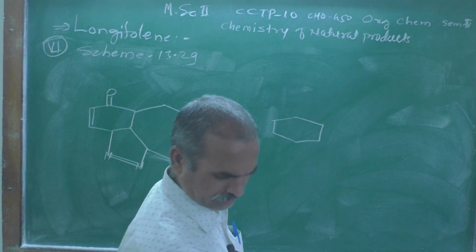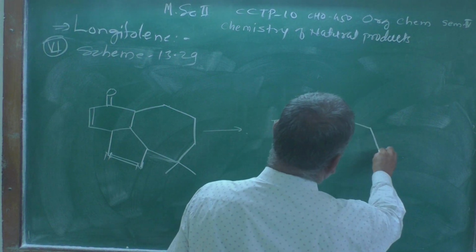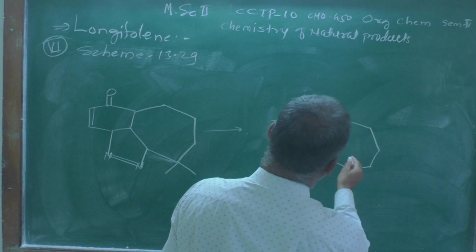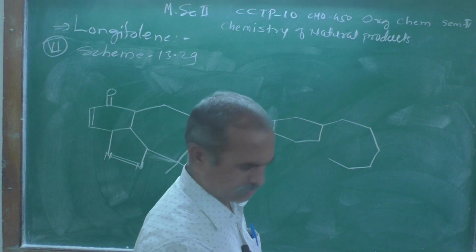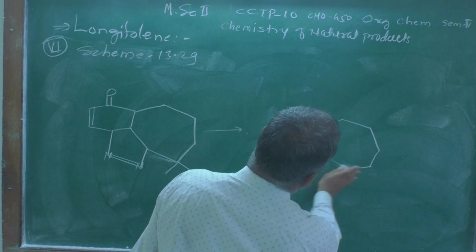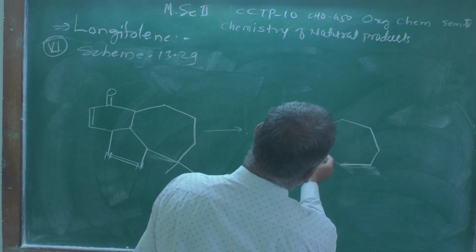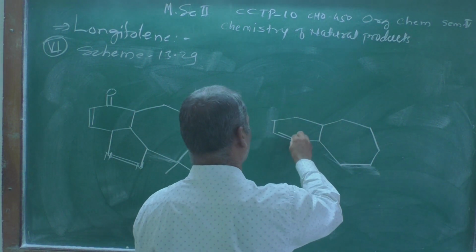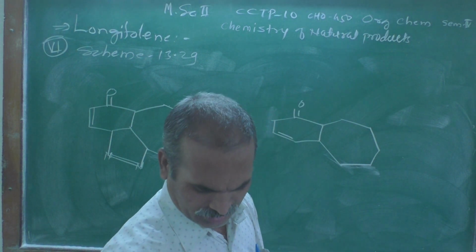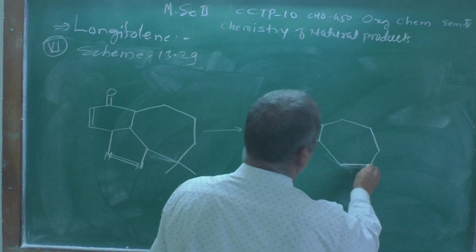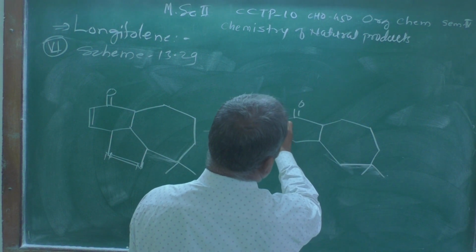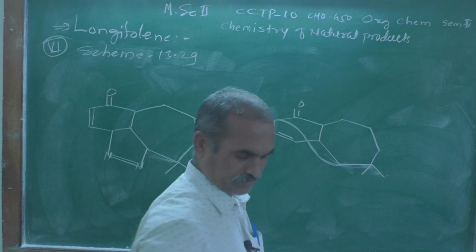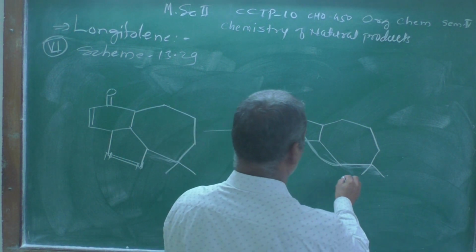See the seven-membered ring over here, or you can directly show this one here, with the double bond and carbonyl, and then this and this bond are attached.